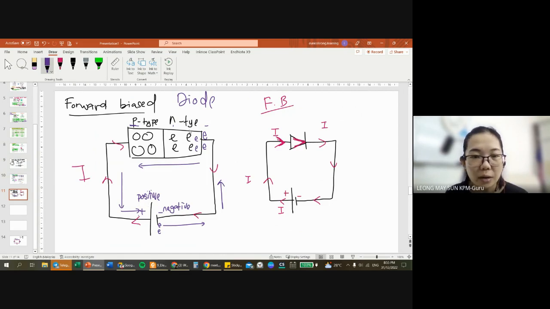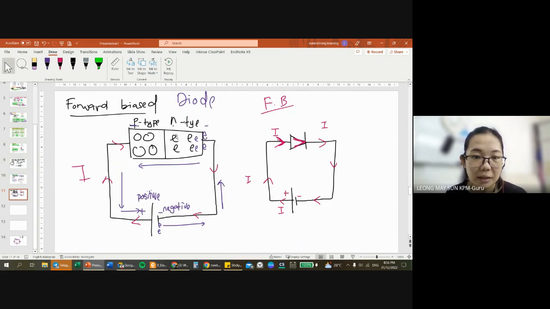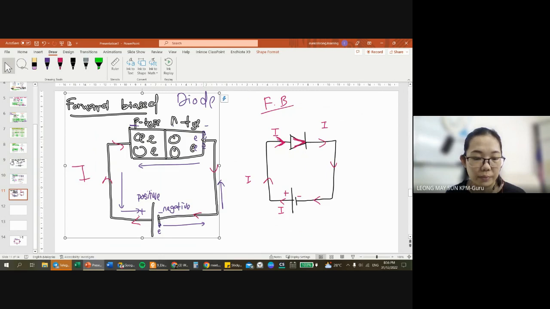So these electrons will have the ability to jump to the p-type. When the electrons jump towards the p-type, the hole goes over to the n-type. But when it goes towards the n-type, the electrons from the negative terminal will still be able to move.